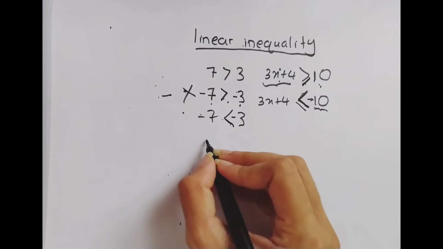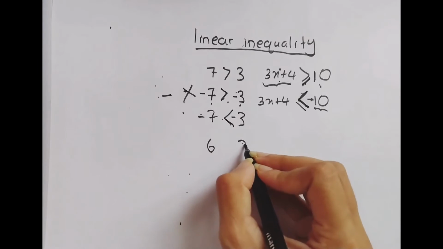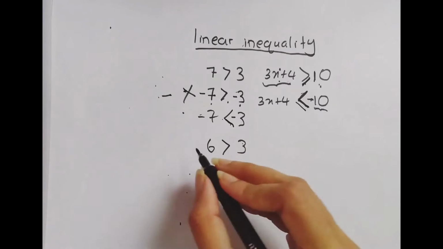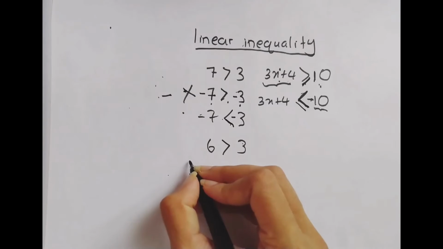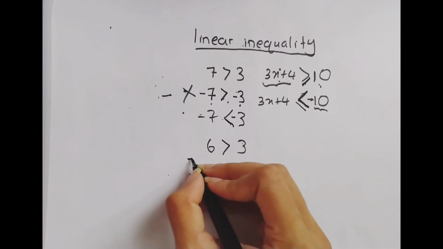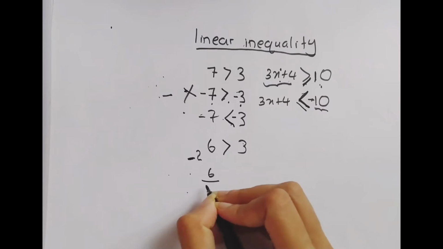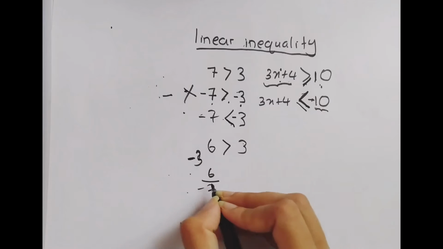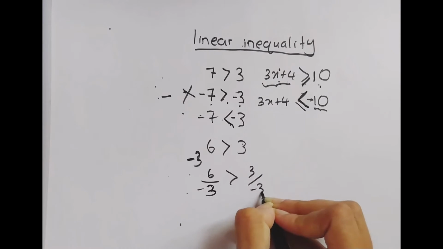So for example, if it is 6 and 3, we know 6 is greater than 3. But if you are dividing by a negative, say by minus 3, then 6 divided by minus 3 greater than 3 divided by minus 3.